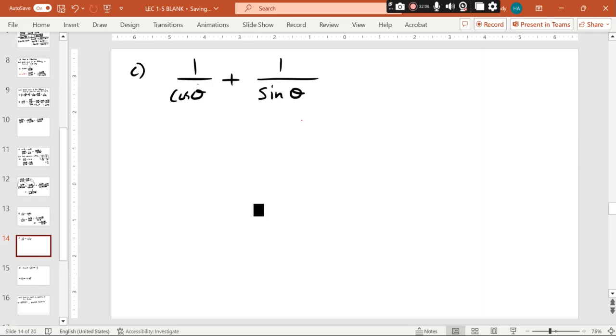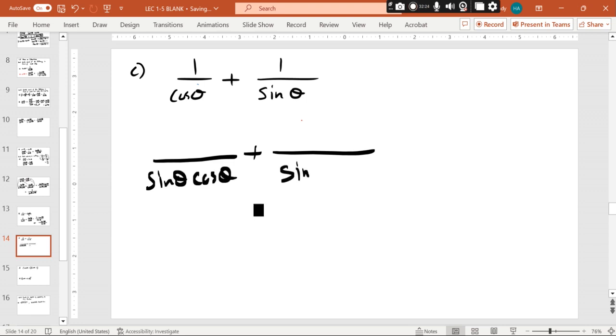So 1 over cosine plus 1 over sine. You guys are experts now. So common denominator is sine theta, cosine theta. Perfecto. Sine theta, cosine theta. Okay. What we need for the first one, we already have cosine there. So the multiplier would be sine.